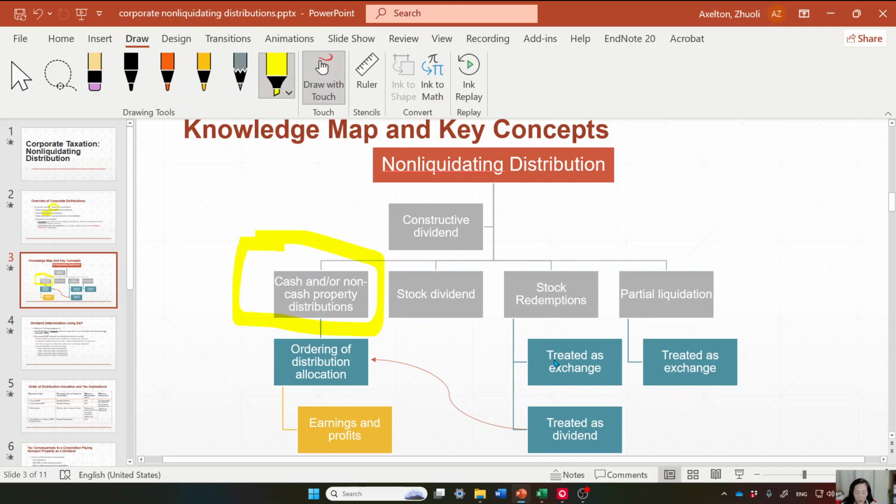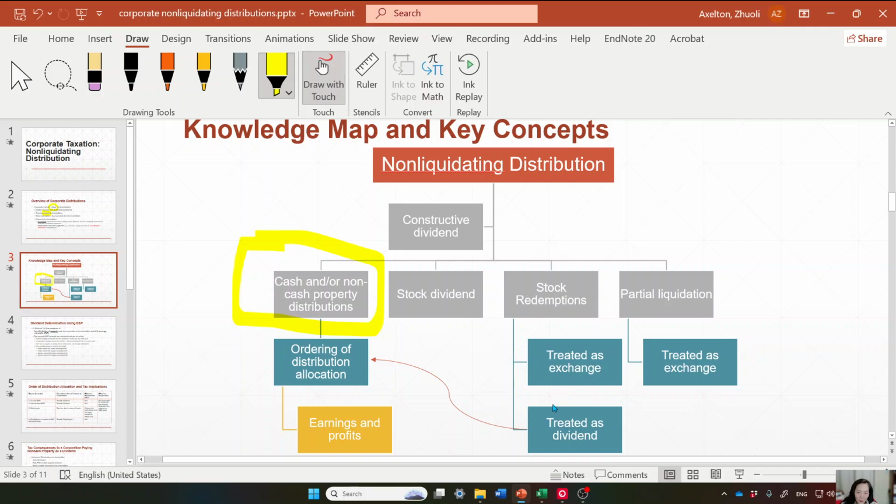It could be treated as an exchange, in a sense, the shareholder is selling the stock for a value, right? Treated as exchange, so you have to figure out the capital gain or loss, all that. And the other treatment is that the stock redemption could be treated as a dividend, a distribution. So depending on which scenario they fall into, the treatment will be different.